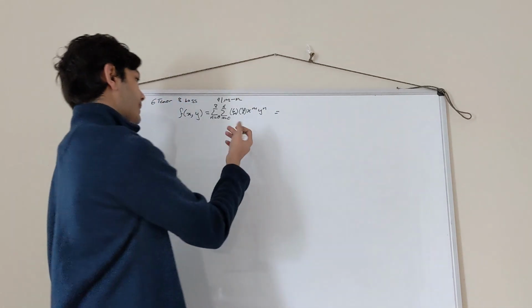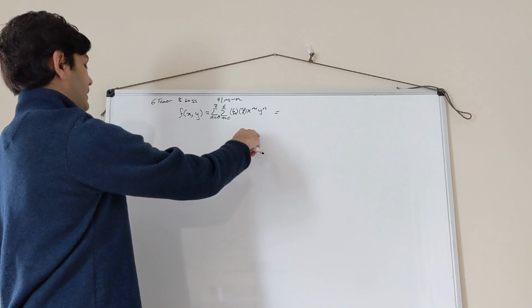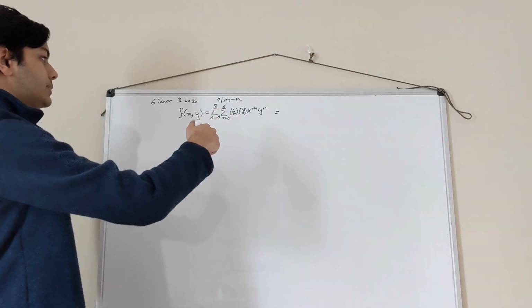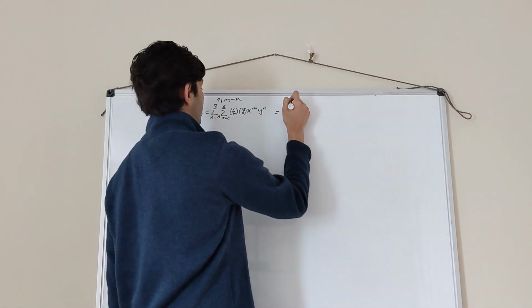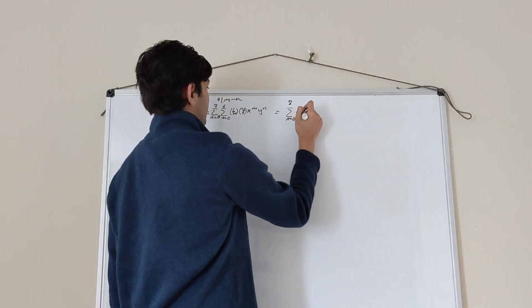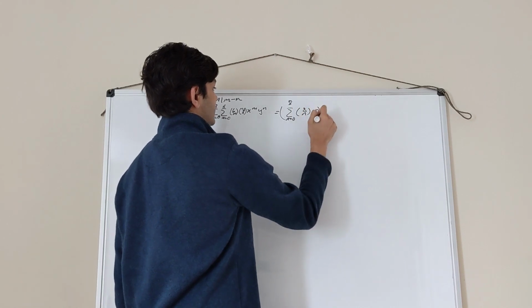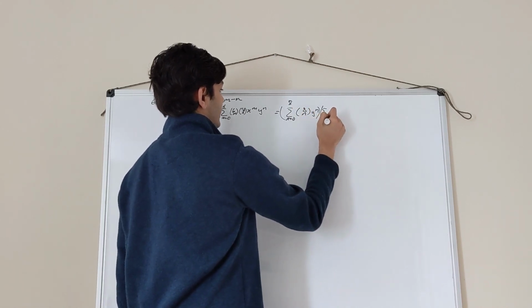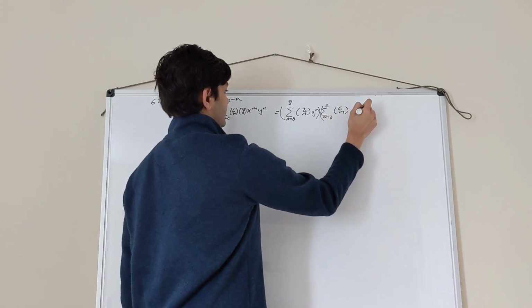Because we have some things that depend on m and not on n, and some things that depend on n and not on m, we can split this sum into 2 different sums. That's the sum from n equals 0 to 8 of 8 choose n, y to the n, times the sum from m equals 0 to 6 of 6 choose m, x to the m.